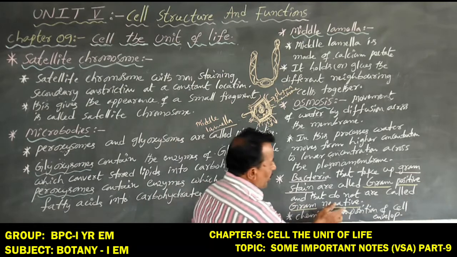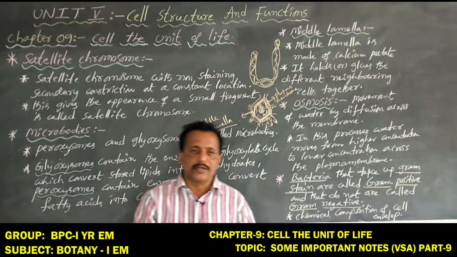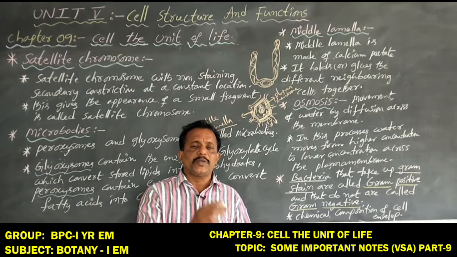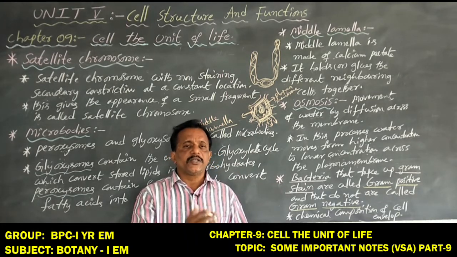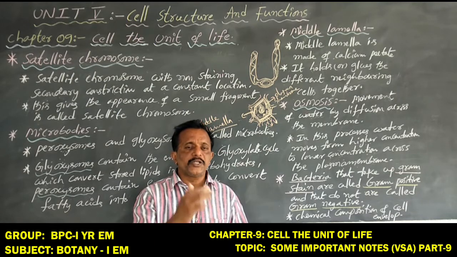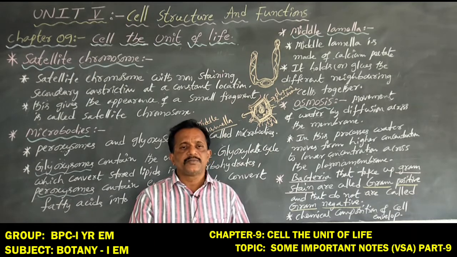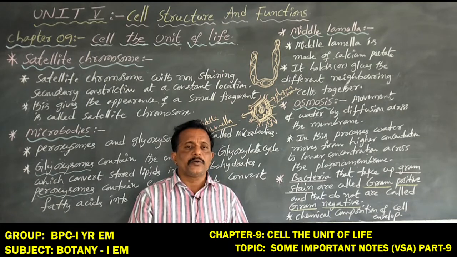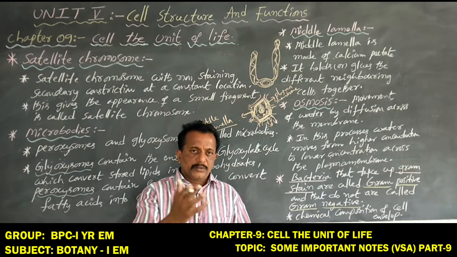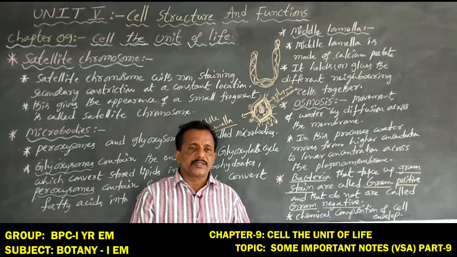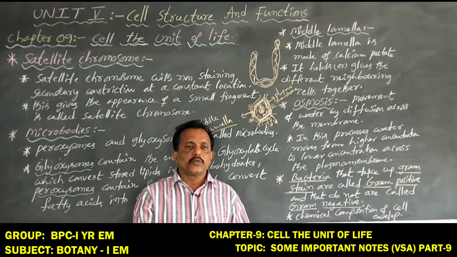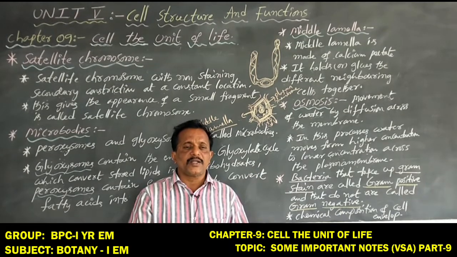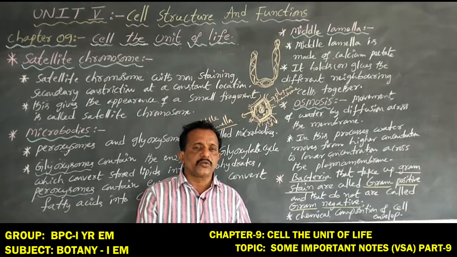This is a difference in the chemical composition of the cell envelope. Christian Gram used crystal violet solution sprayed on bacterial cell walls. One bacterial cell wall received the crystal violet solution, another did not.